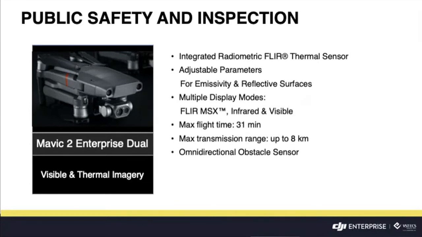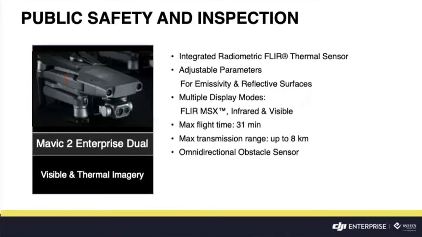We also have the Mavic 2 Enterprise Dual. We call that a dual version of the Mavic 2 Enterprise because it has visible and thermal imagery, meaning it has a dual camera.